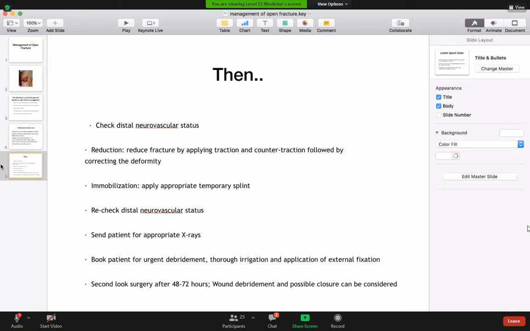The infected bone. Joint destruction, cartilage will be destroyed, so that will lead to premature arthritis. Also, this can lead to osteomyelitis. Osteomyelitis can be chronic, so this can lead to chronic osteomyelitis.